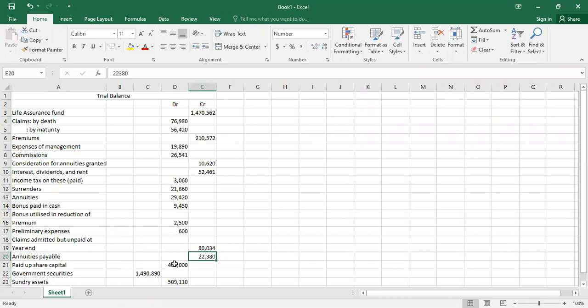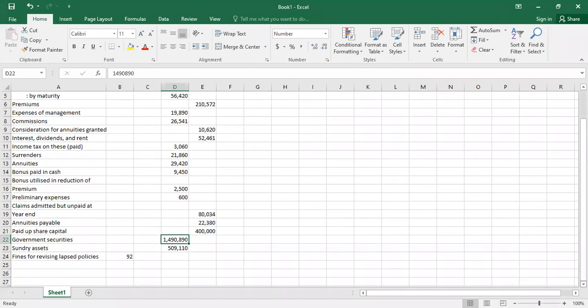Then I have paid up share capital. Capital items are always credited from the conventions of financial accounting 1. Then I have government securities. These are assets. So assets are supposed to be debited. Then I have sundry assets.